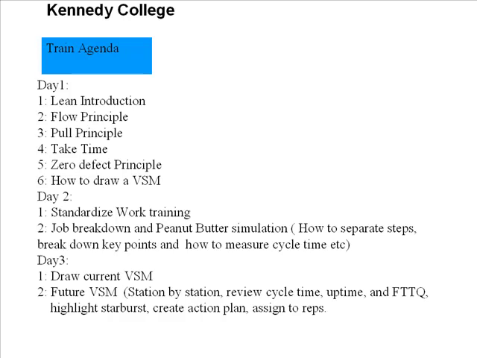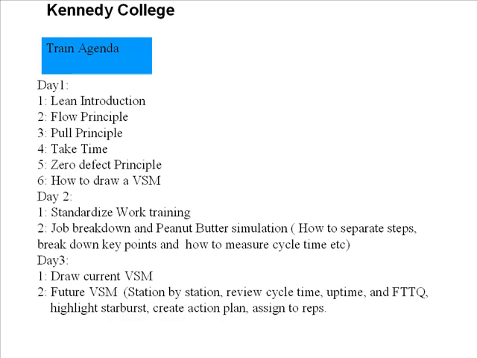Once we define the future state, we have action plans. Here's the list. What are we going to do? 1, 2, 3, 4, 5, 6. And who's going to do it? And the timeline. And who will verify this? And the next step is, do we close it or not? So we're going to use the PDCA format to focus on the action plan.